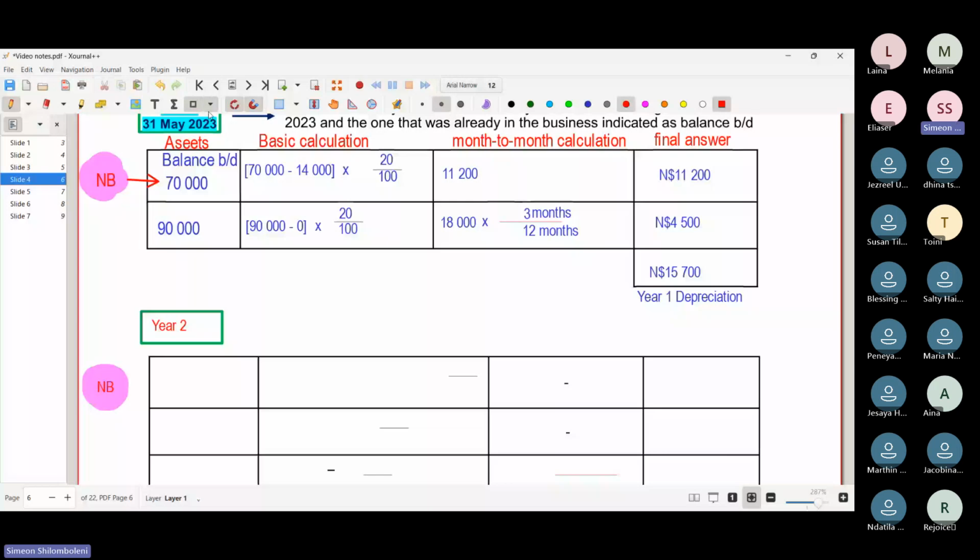That means if you already had the balance, this asset that you bought for 70,000 long time ago, even this year, it's losing value. As long as you did not yet sell it, you must depreciate it. This asset that we bought last year, it's also losing value this year. So you must still calculate depreciation.